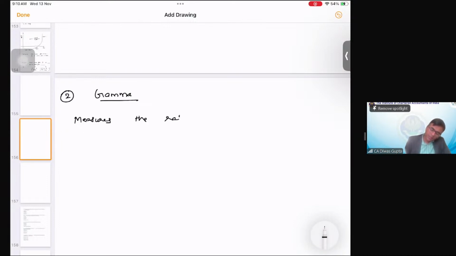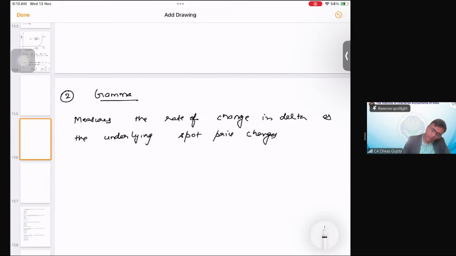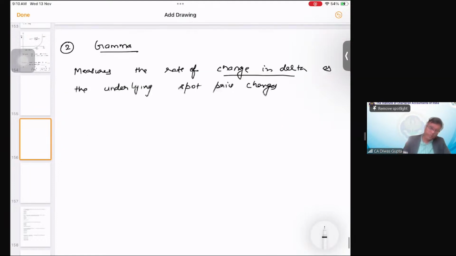So this is the change in delta. Clear? So delta measures the change in the premium. Gamma measures the change in delta.